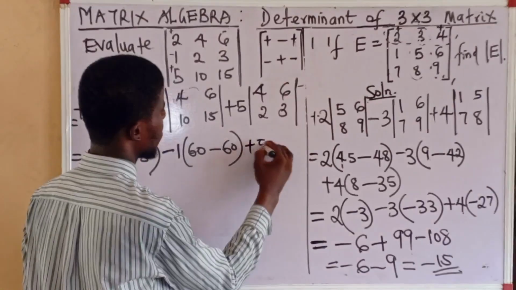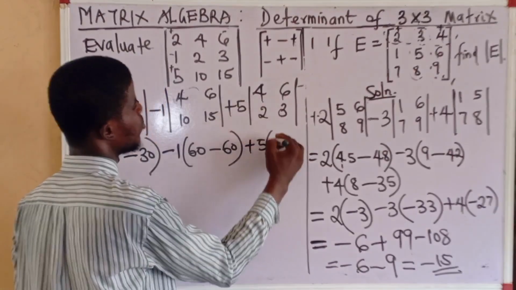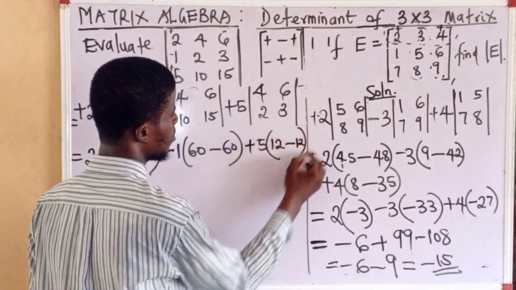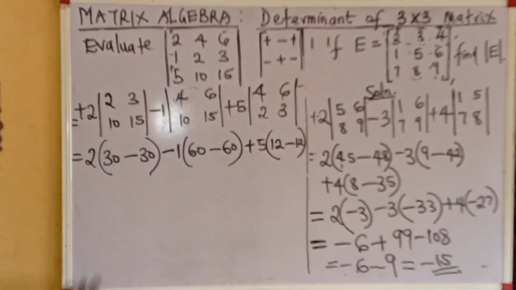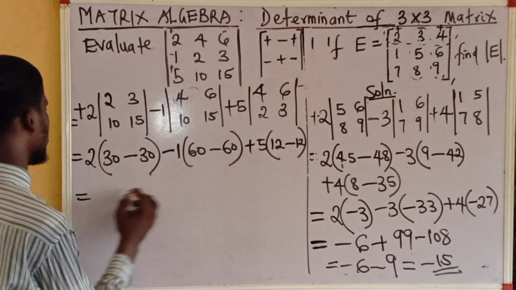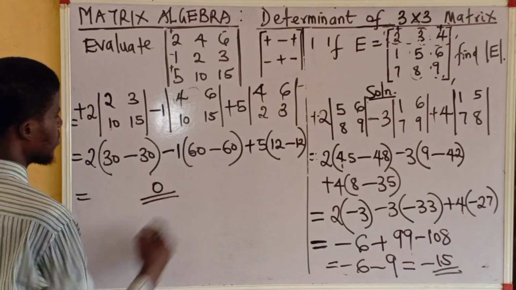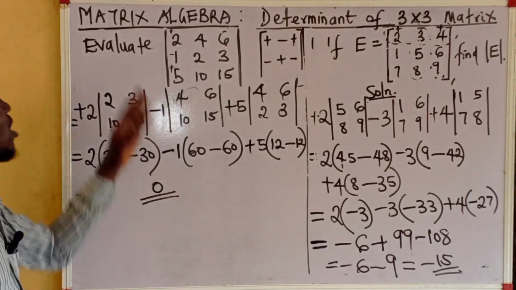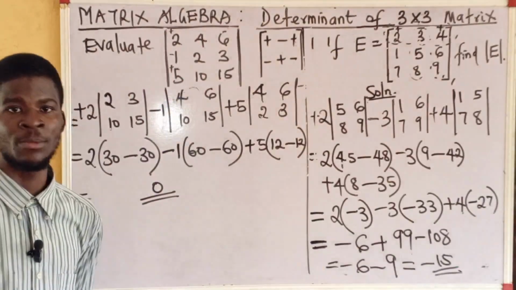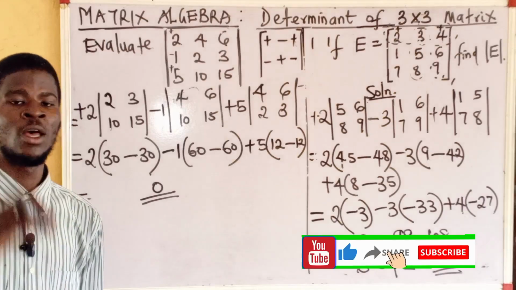This is 5, 4 times 3 is 12, minus 2 times 6 is also 12. And this will give us 0. Everything is 0. So the determinant of this matrix is 0. It is obvious that this matrix is singular because the determinant equals 0.